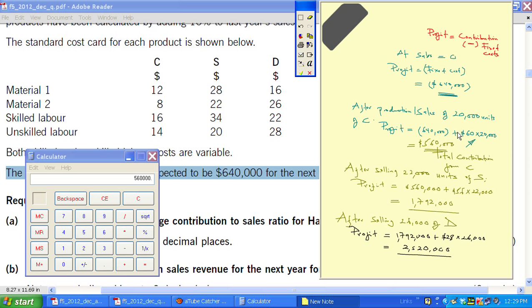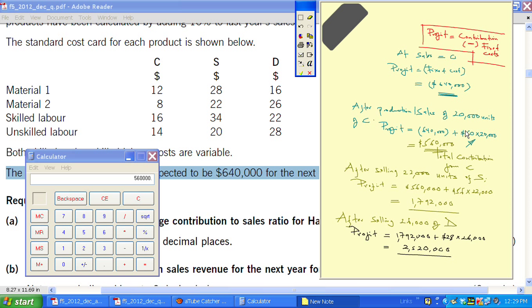This is the basic formula I'm trying to use. Please don't get confused about this. Profit is simply contribution minus fixed costs. Once we have that, we are almost ready to plot the graph.